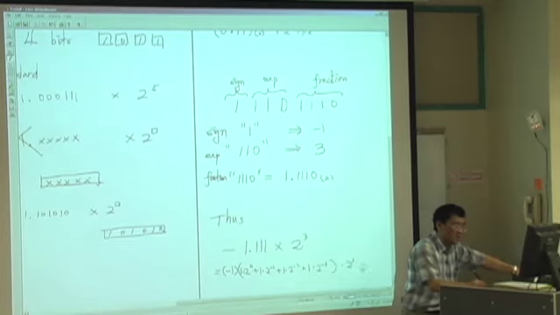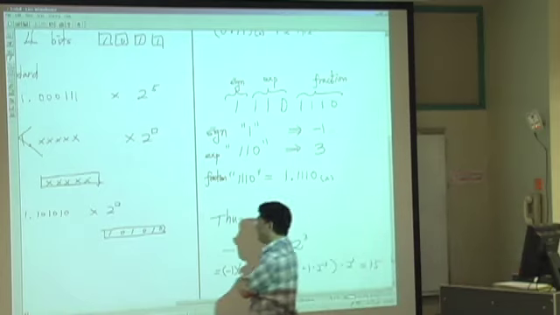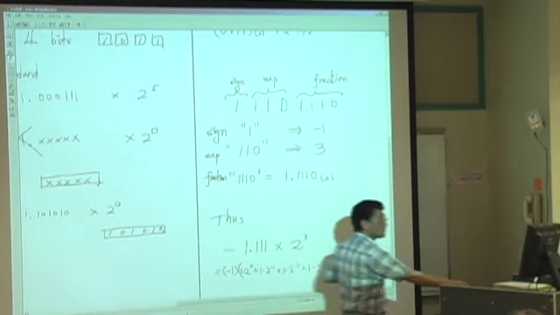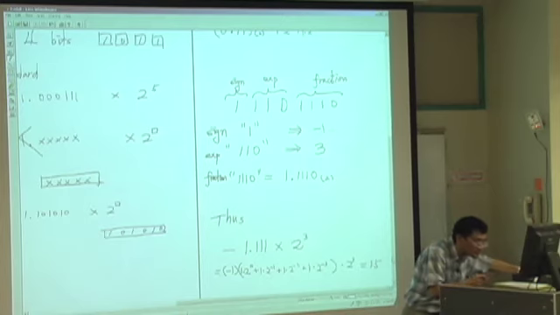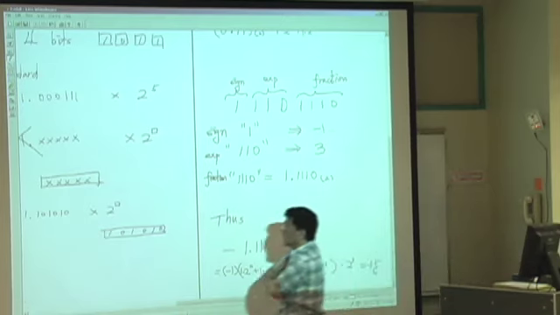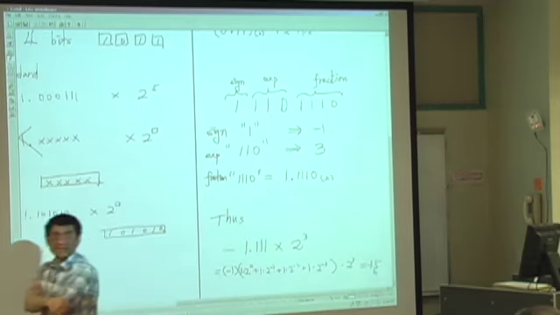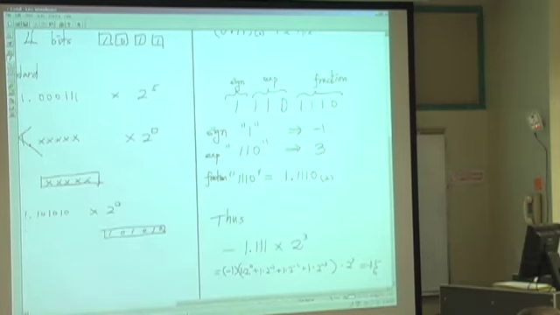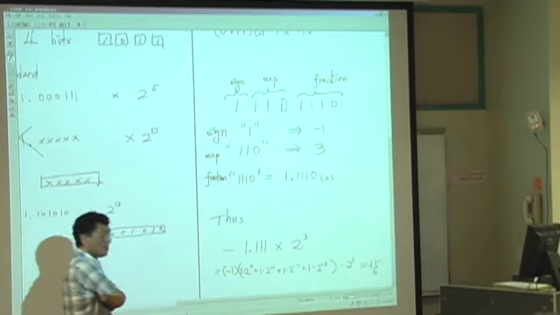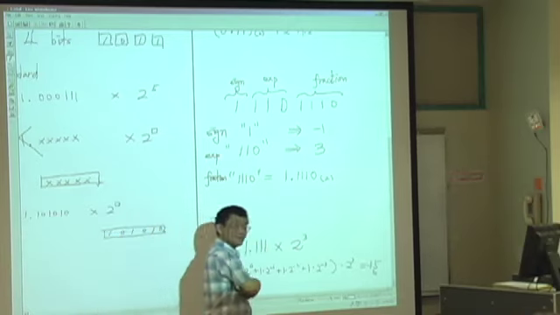Because of this, it is 15. Negative 15. So I represented negative 15 using bits. You randomly chose a number, and I converted it.